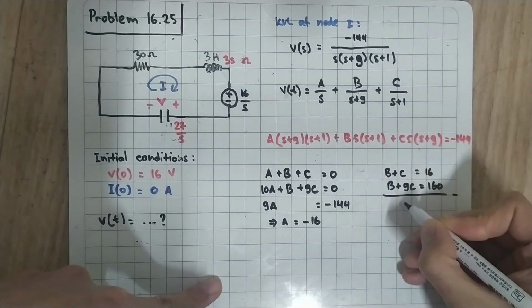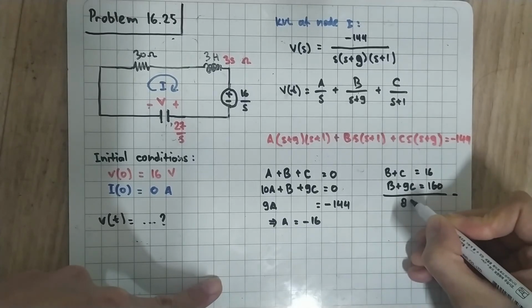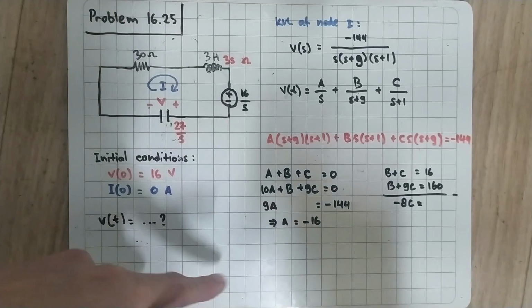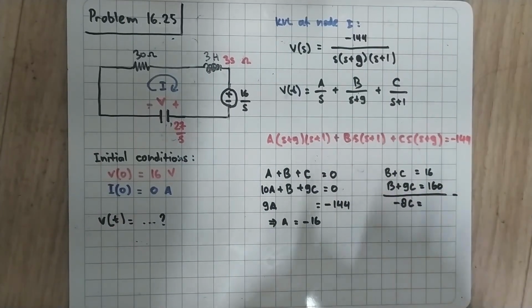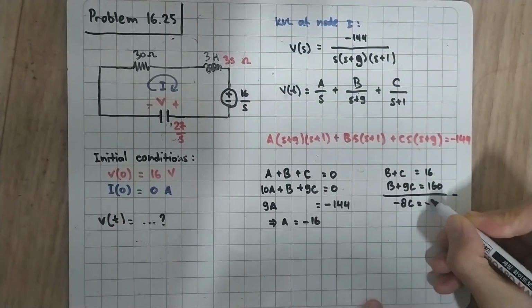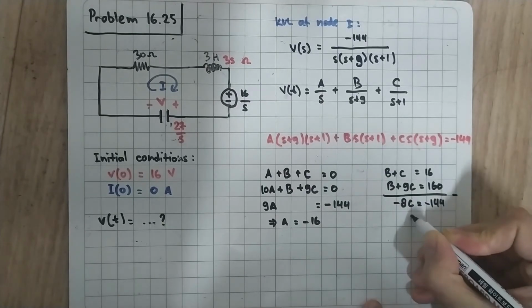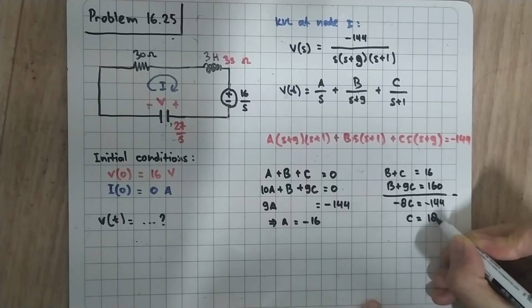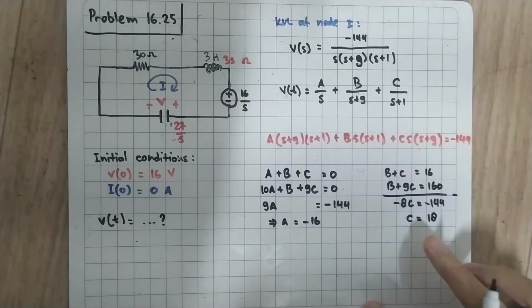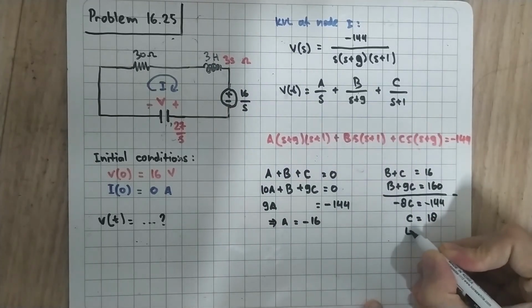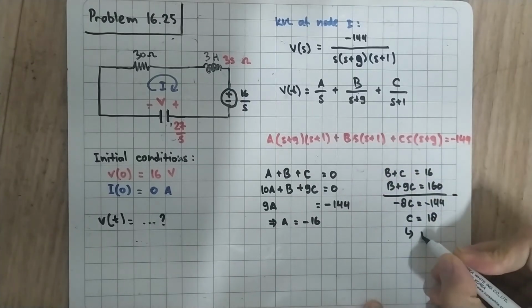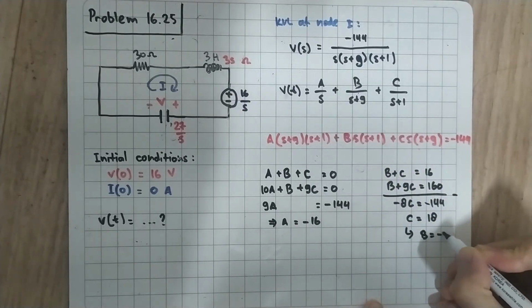So we will have 8c is equal to 144, or c is equal to 18. And because c is 18, and b plus c is 16, I will have b will be minus 2.